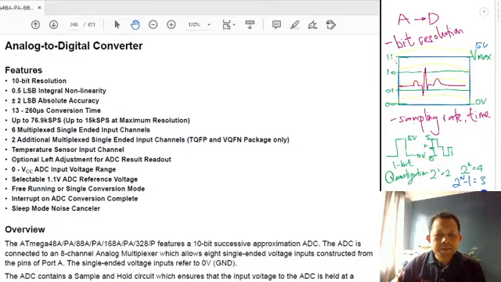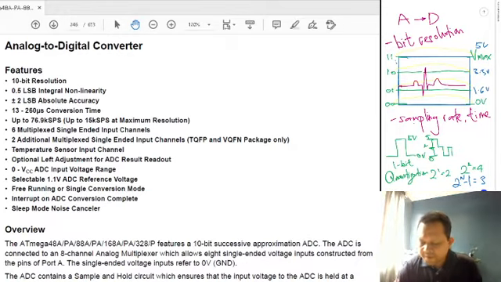So 5 divided by 3 is 1.6, and then times 2 would be 3.3 volts.